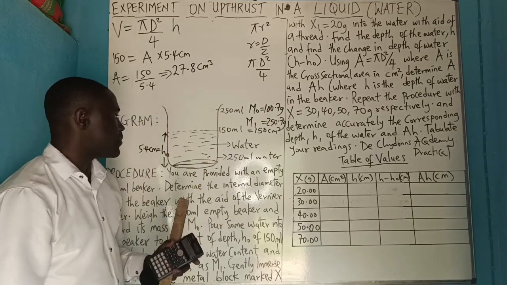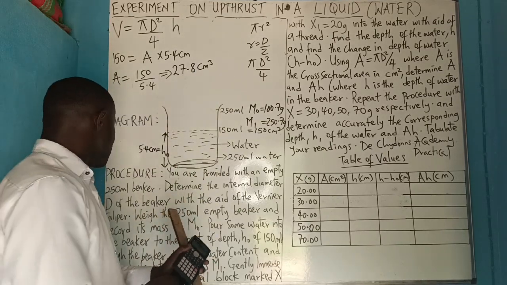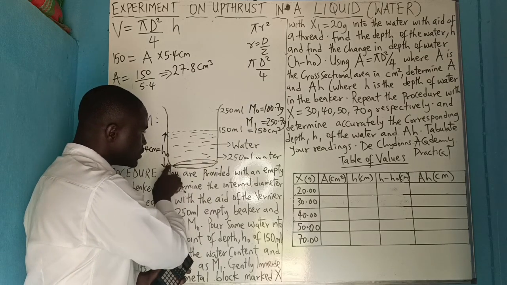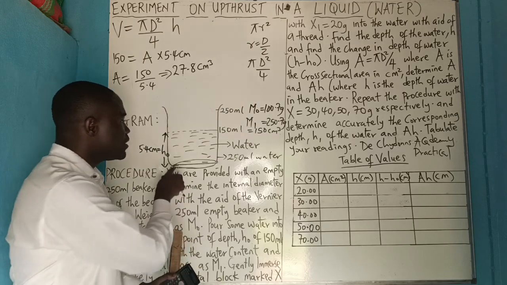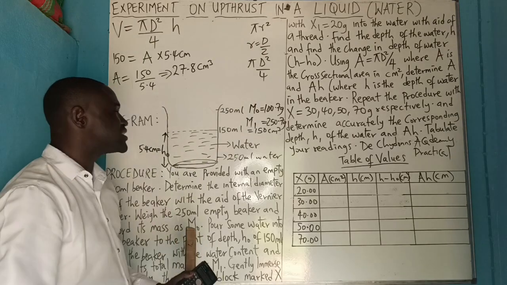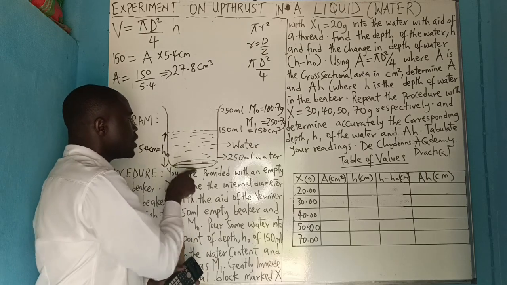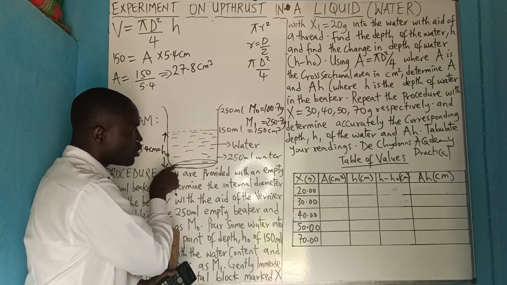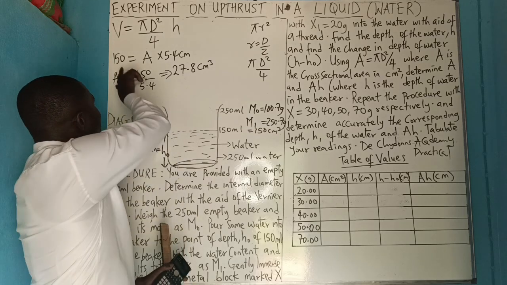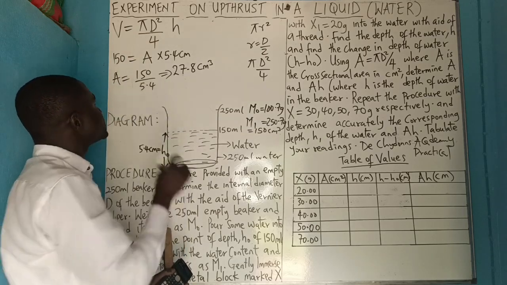That is the area. Yes, that means we have gotten the area of the base, which we said the base of the water is the same thing with the base of the container, because water takes the shape of the container it is inside. Now we have gotten our area to be this.